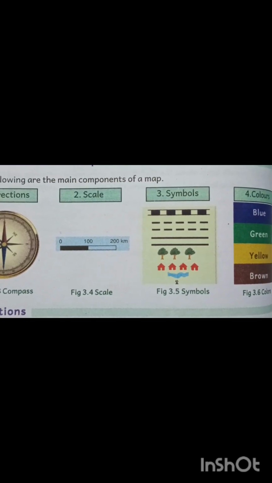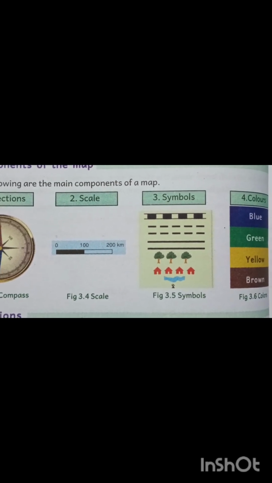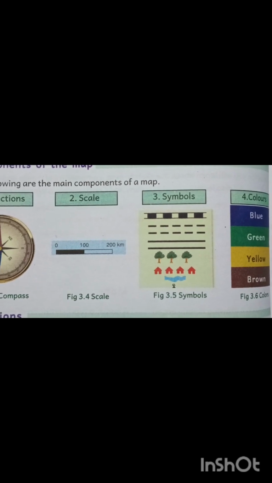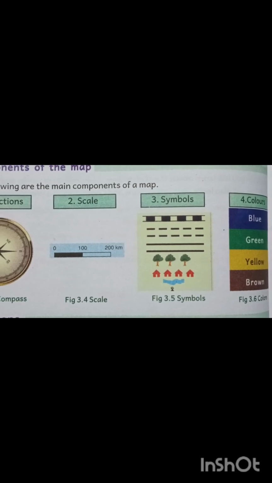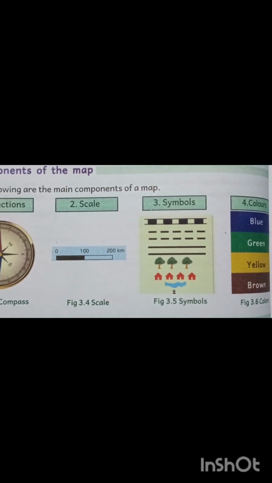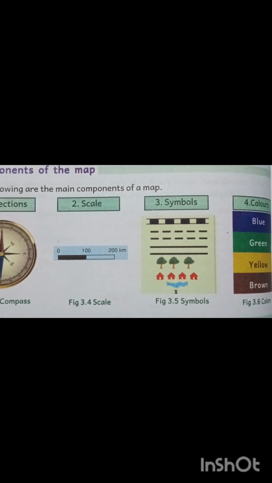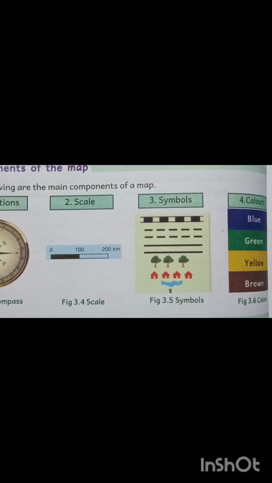Symbols. We can use the symbols here to identify particular things. So here some of the symbols if we observe: river, houses, trees, Kacha road, Pakka road and railway line.